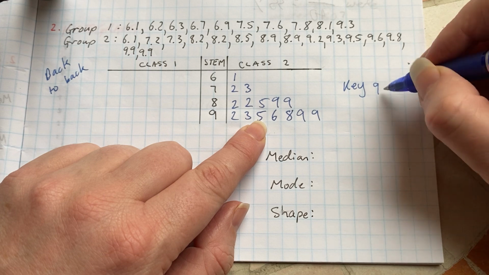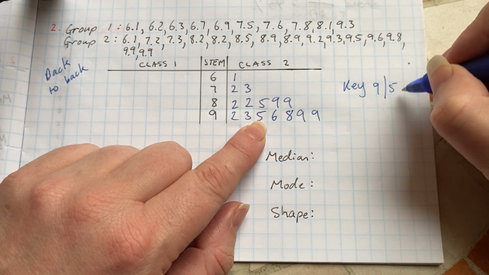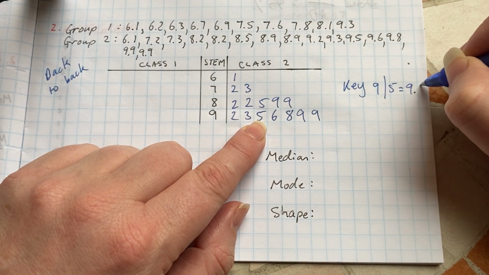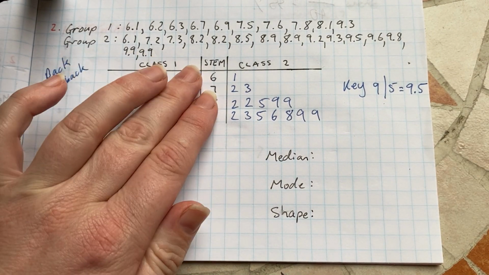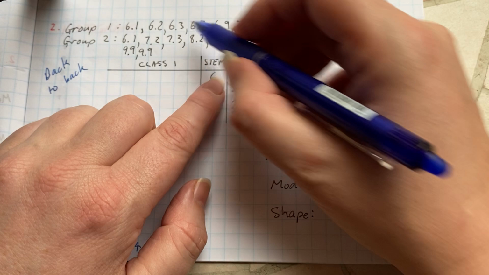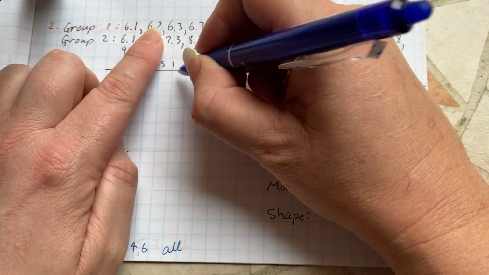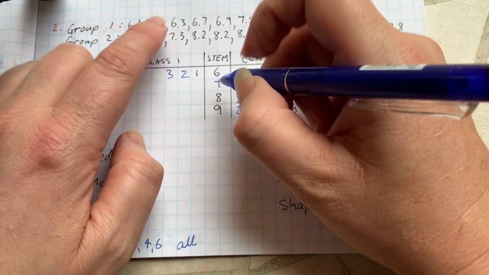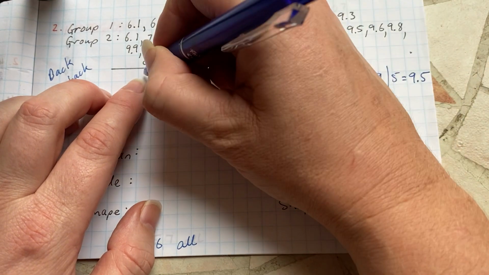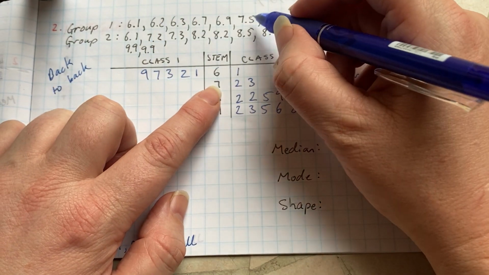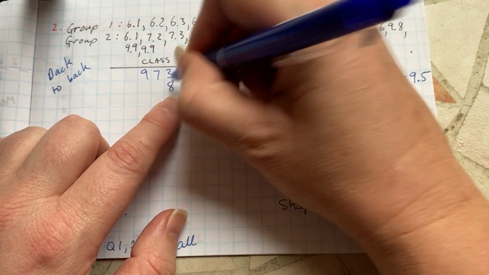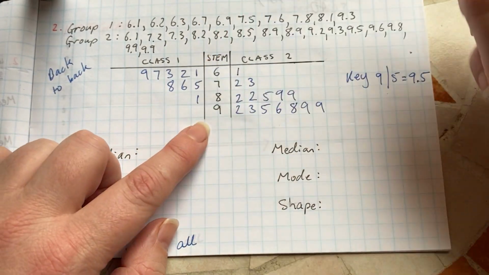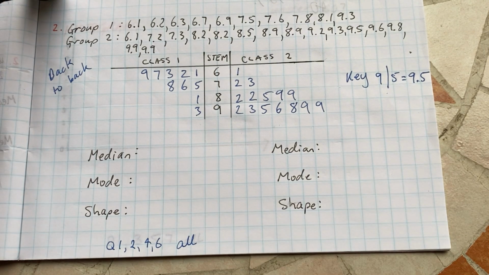If I've got a 9 in the stem and a 5 in the leaf, that means 9.5. Now for class 1 we go backwards. So 6.1, then 6.2, 6.3, 6.7, 6.9, 7.5, 7.6, 7.8, 8.1 and 9.3.